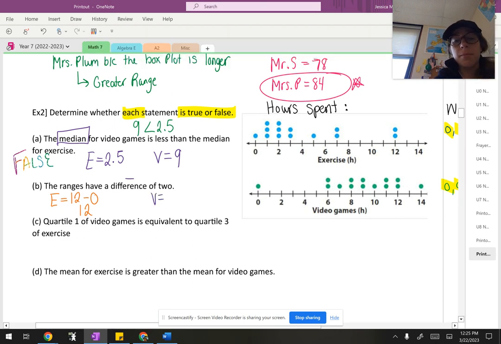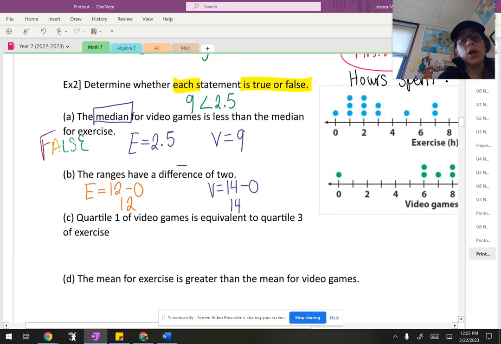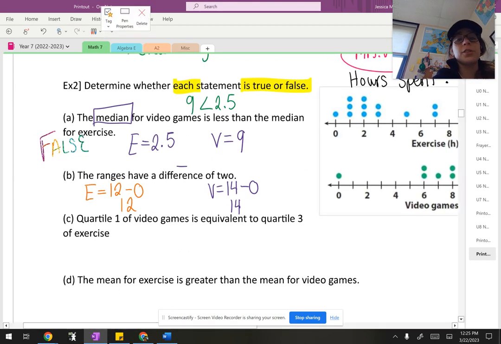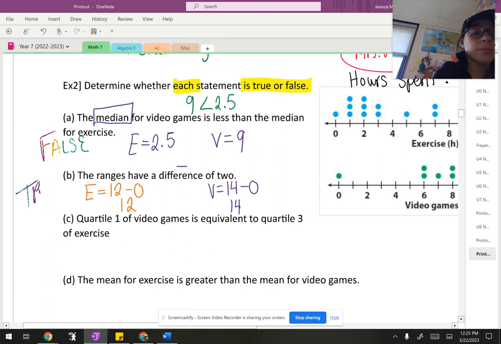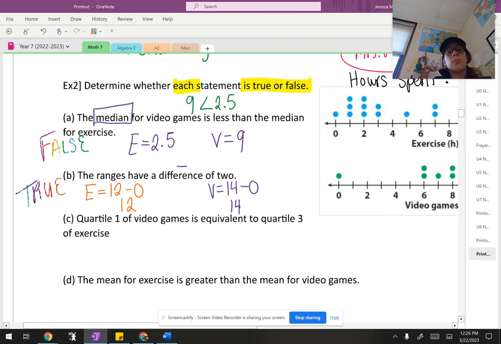Video games, maximum is 14, minus the minimum of 0, gives us a range of 14. Do those have a difference of 2? And they do. 14 is 2 away from 12, and vice versa. So part B is actually true.